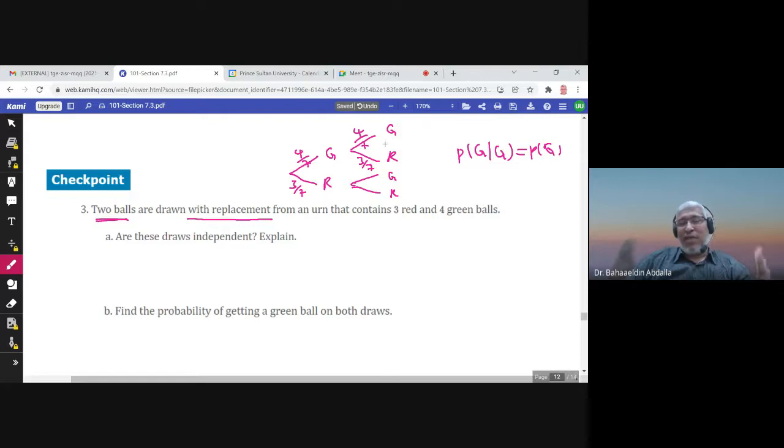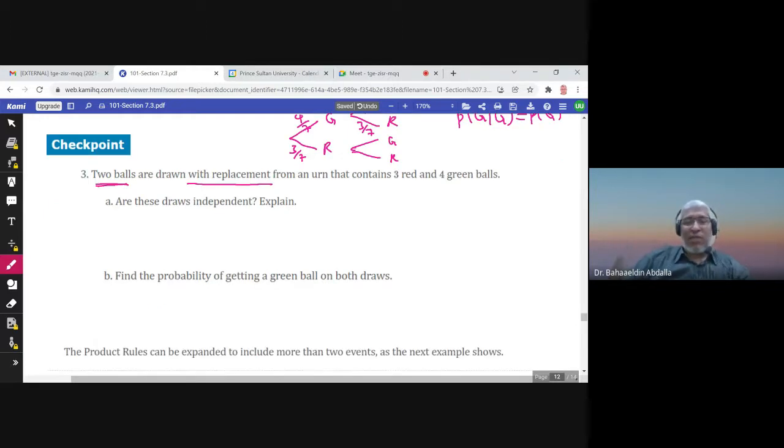So getting green in the second is independent from getting green on the first. So are these draws independent? Yes.